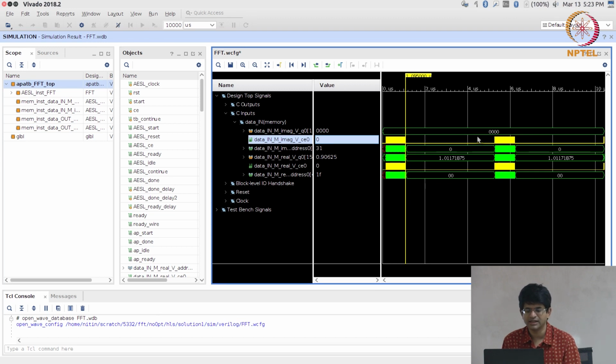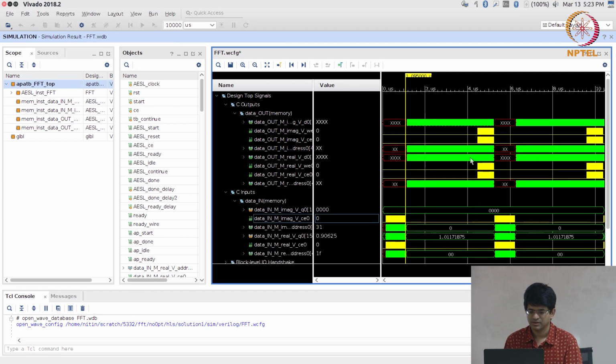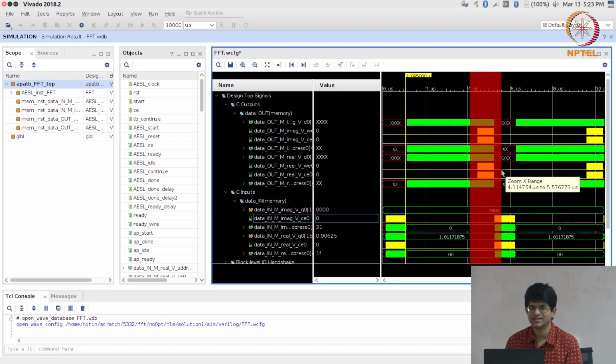After that it is sitting idle, it looks like nothing is happening for a long time, and then suddenly it starts reading data again. Why? The best way to understand that is to go look at the outputs. You will see that this region over here corresponds to the part where the outputs are now being generated.